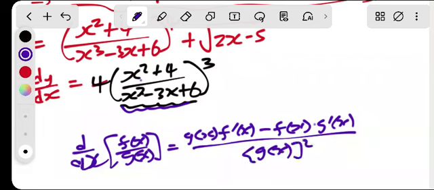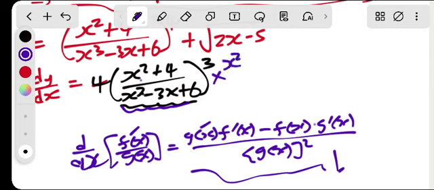So this is what we're supposed to follow there. The top I will call the numerator, f of x, and the bottom g of x. Following this format, g of x is x squared minus 3x plus 6.